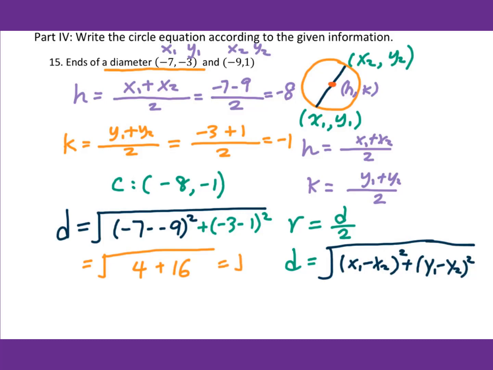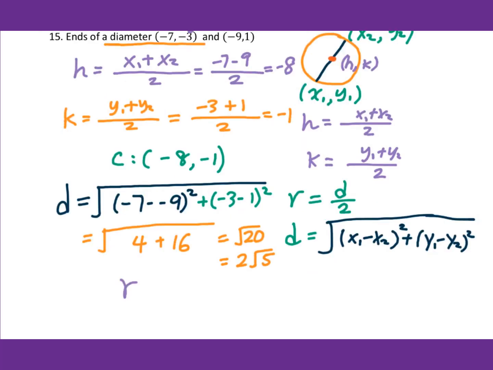Get square root of 20. Simplify, that will be 2 square root of 5. So for the radius, you will get the distance of the diameter over 2. 2 square root of 5 over 2 equals square root of 5.